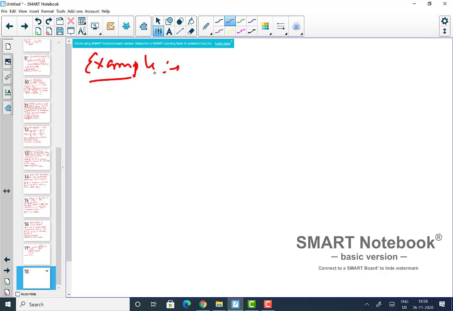So what is the example? Example is that suppose we have, say, p(x) equal to something like x cube.